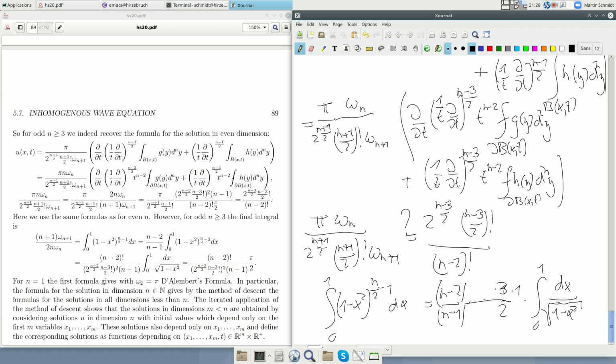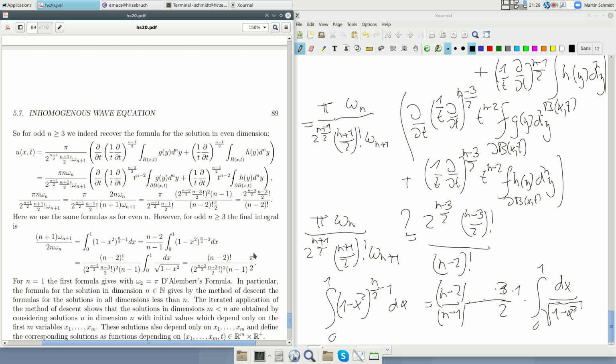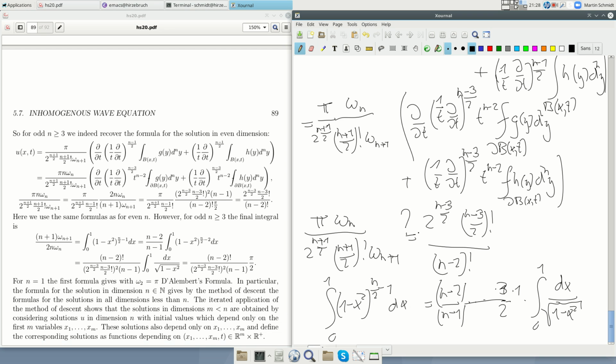And this is of course pi half. By this we get this factor, and if we insert this factor, then we indeed recover the same formula as before. So we indeed get this coefficient.